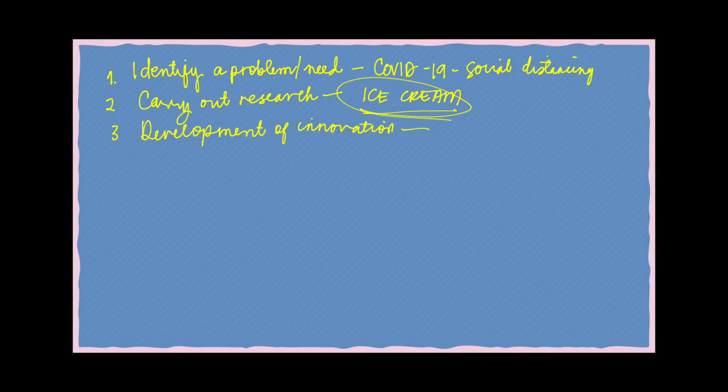So the third one is the development of that innovation. You have already considered the perfect recipe to make your ice cream less melty, or you have already identified a perfect storage container so that it will not melt in case it has to travel through long distances. And now you're going to operationalize it.